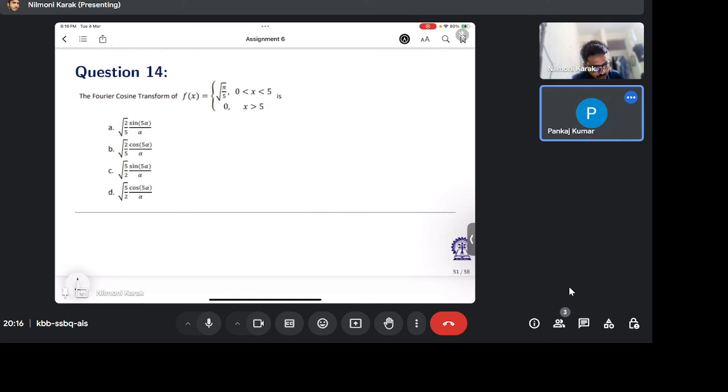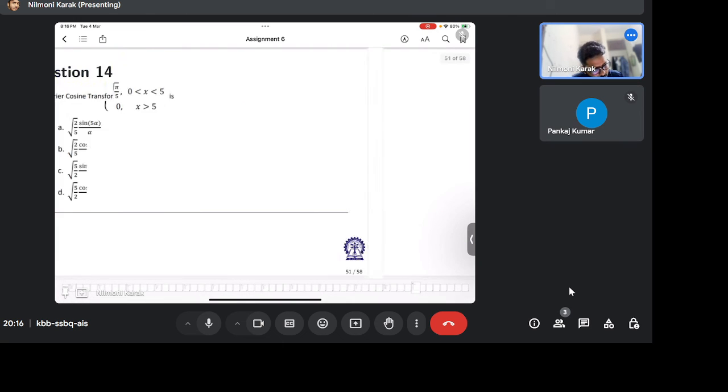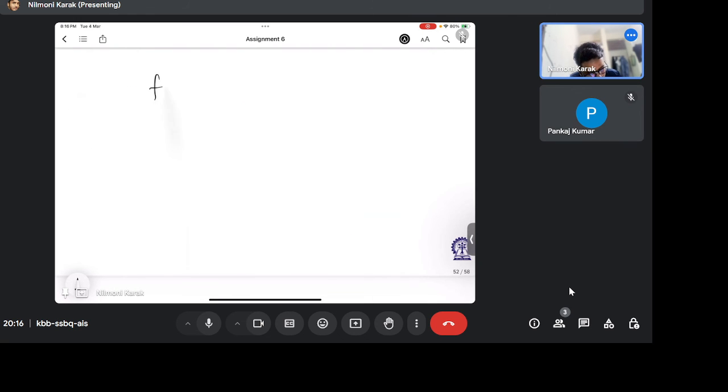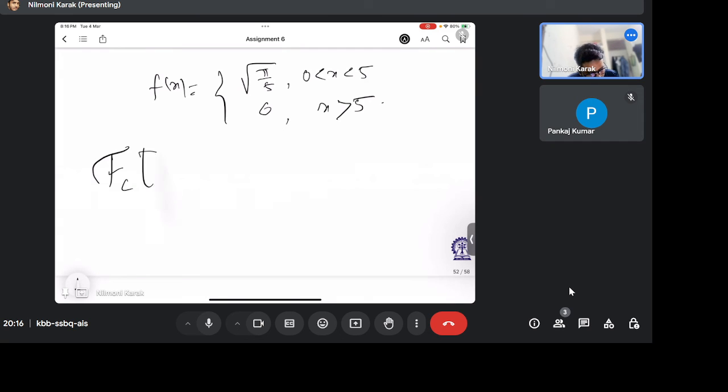So f(x) is root pi by 5 when x is less than 5 and 0 when x is greater than 5. So the Fourier cosine transform we have to find.